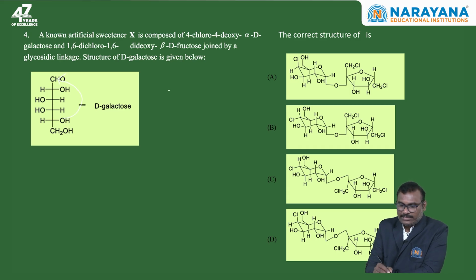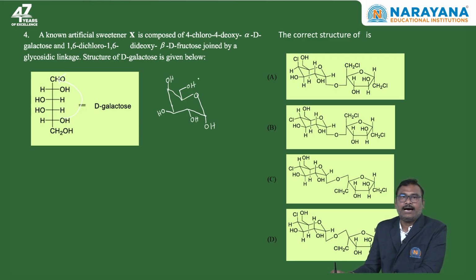What is the general structure of alpha D-galactose? In alpha, the anomeric OH should be down, and the next OH is here, and the next OH is here, and the next OH is up, and the last CH2OH will be like this.